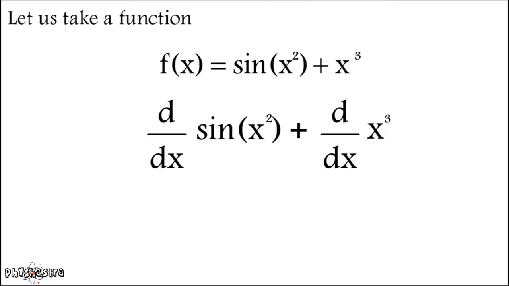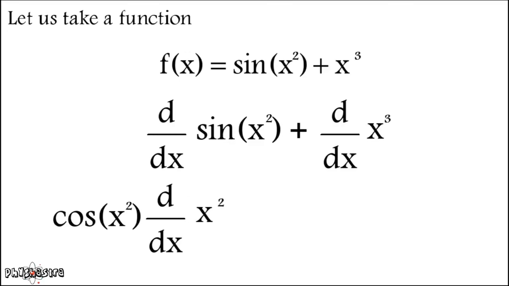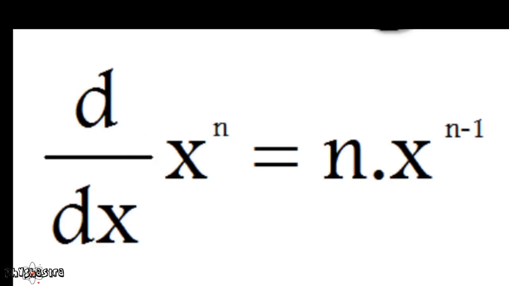First simply find out the derivative of sin theta, in this case sin x square. So sin x square is cos x square after derivative. By formula, d by dx of sin x is cos x. Then we find the derivative of x square with respect to x plus the derivative of x cube according to the formula d by dx of x raised to n is n multiplied by x raised to n minus 1.